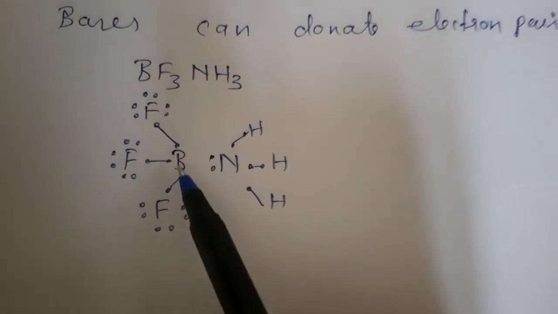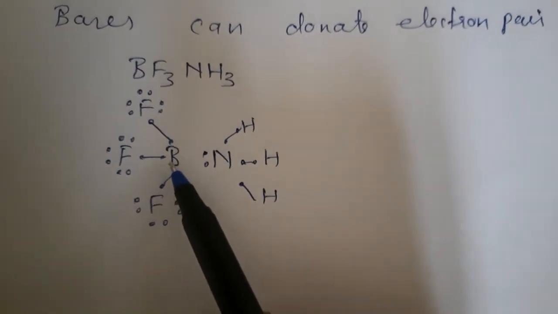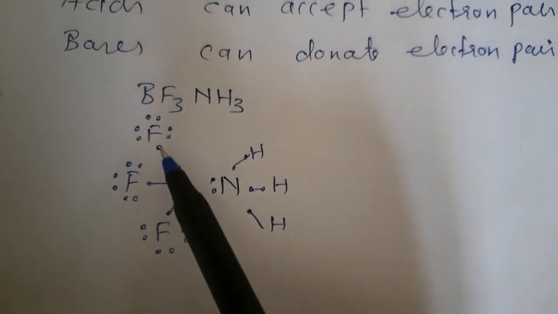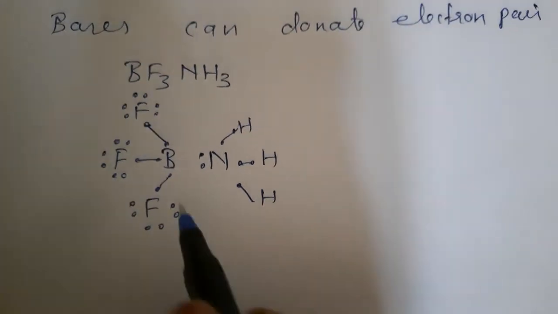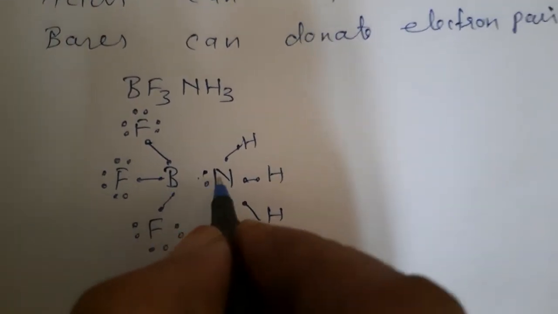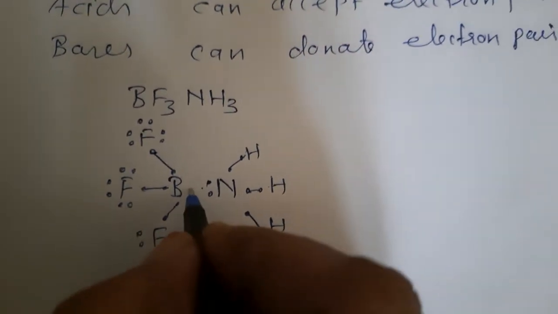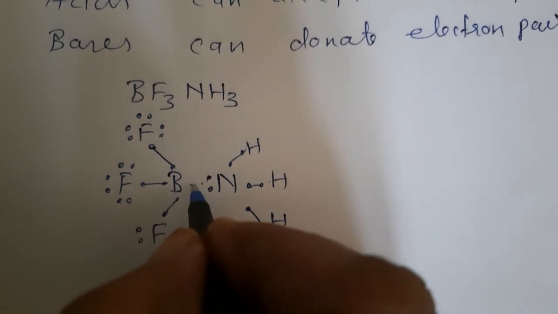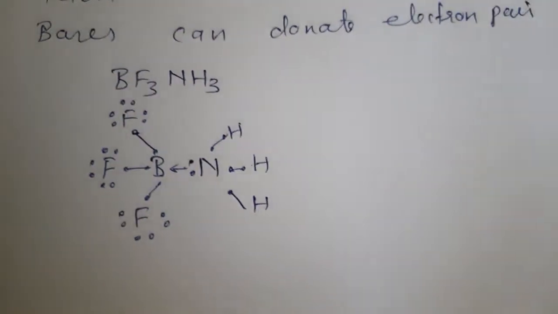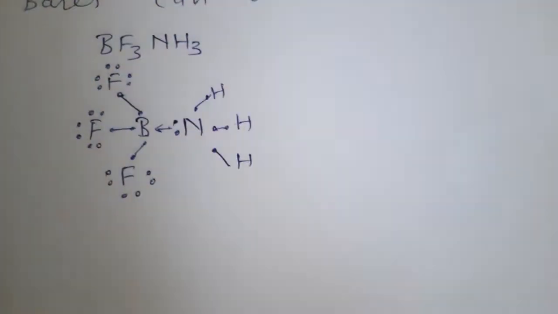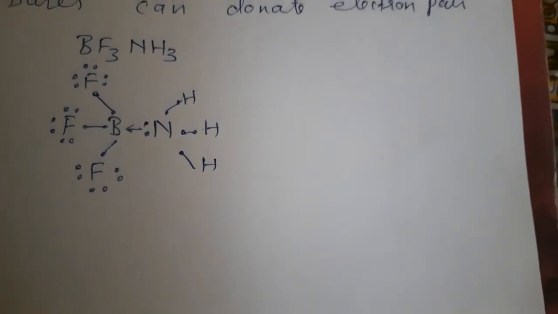But what we see is boron has not completed its octet. It is deficient of electrons, with 2, 4 and 6. So what will happen? This nitrogen has an extra lone pair of electrons, which has not participated in the bond formation. So it will donate this electron pair to B. This type of bond is also known as a coordinate covalent bond.